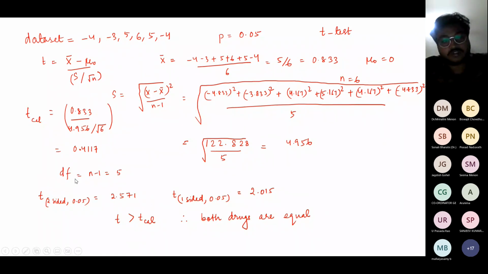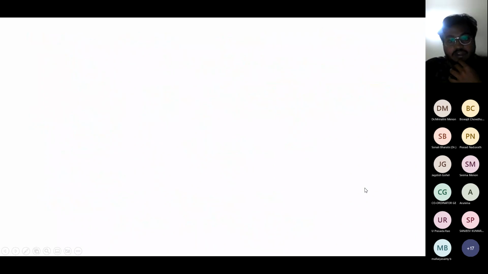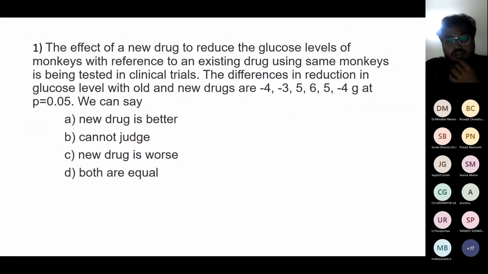The degrees of freedom will be n minus 1, which is 6 minus 1, 5. We check both t tables, for one-sided and two-sided tests. We see that the t values in both cases are greater than the t value that we have calculated. So we can say that both the drugs are working equally. One drug is not better than the other. So the answer here will be option D.